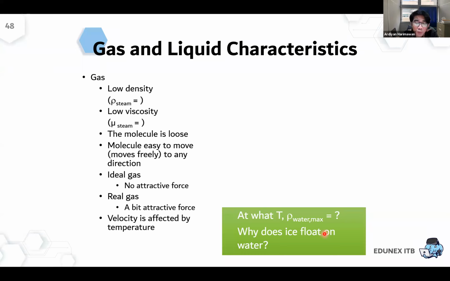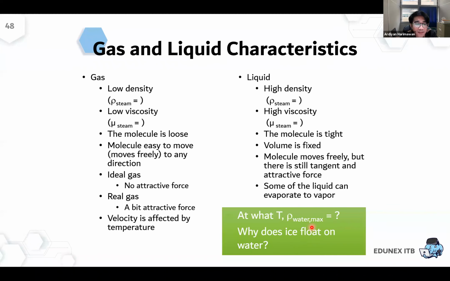Normally, solid will have higher density compared to liquid. Ya, padatan solid itu biasanya densitasnya lebih besar daripada cairan. That's why anything solid that you put into the water will sink because the density is higher. But for the ice, the case is floating. You can try to search on YouTube why the phenomenon is like that.